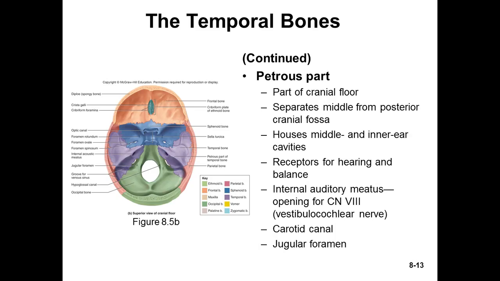So it carries a large amount of blood from the brain to the heart. And of course, if that vein gets severed, death will occur immediately. You have an internal jugular vein. You also have an external jugular vein. The external jugular vein collects blood from the outside of the skull, but your book only talks about the internal one because that one carries a little bit more weight than the external jugular vein.